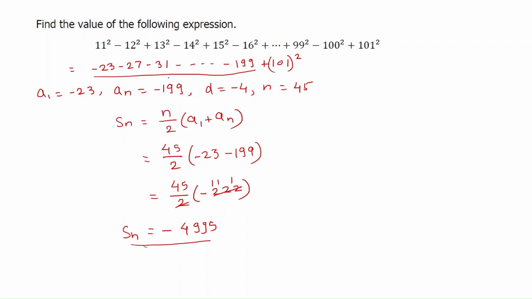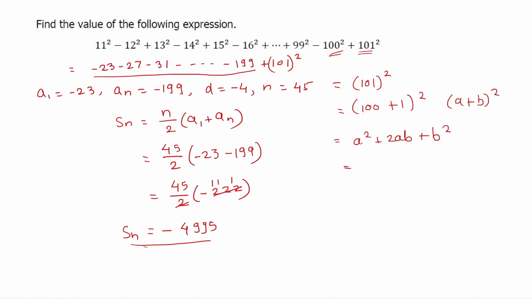Now we have the answer till this point, right? What we have to do? Just find the square of 101, right? Let's find the square of 101. It will be 100 plus 1 square. Okay, so here we can use the formula for a plus b square, which is a square plus 2ab plus b square.